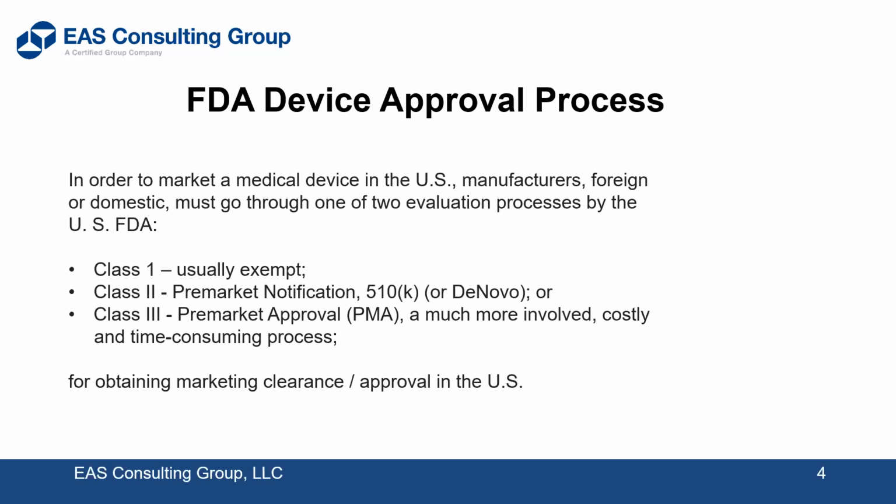With the medical device directive or regulation in Europe, you work with your notified body to determine the classification based on the rules that are stated in the medical device regulation. So that's the big difference between the two. We're going to be focused on the US FDA's methodology here because we're talking about basically the 510K methodology. Usually class 1 devices, very simple devices, tongue depressors and things like that, don't require a 510K.